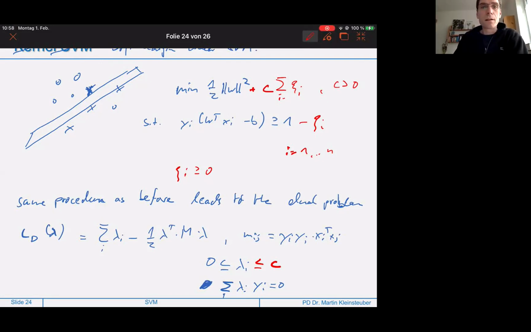Exactly. So the introduction just gives us an upper bound on the lambdas, and the upper bound is exactly the weight with which we want to penalize the trade-offs that we have to pay. Okay, so this is the good thing here, and everything else is completely analogous to the way before.